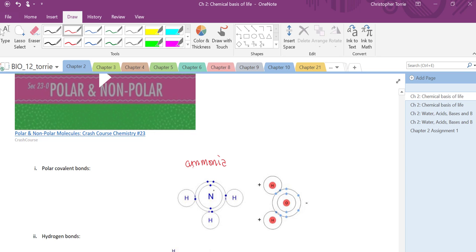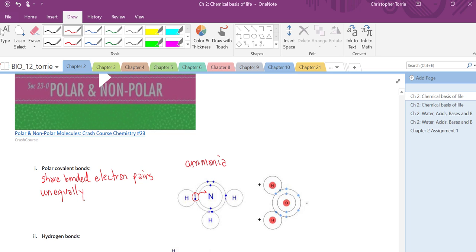Here, nitrogen is the more electronegative. So here we have this bonding pair of electrons, and nitrogen tends to pull the electrons slightly more towards its atom. Polar covalent bonds share bonded electron pairs unequally.